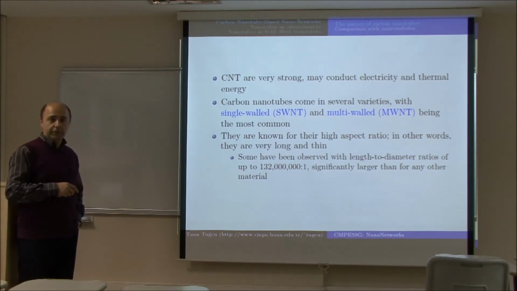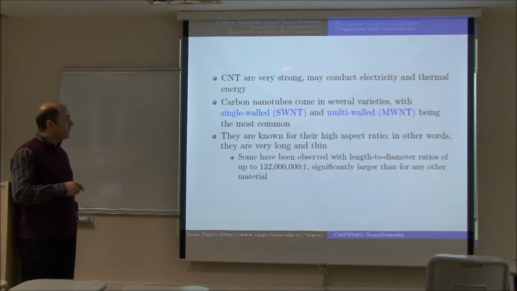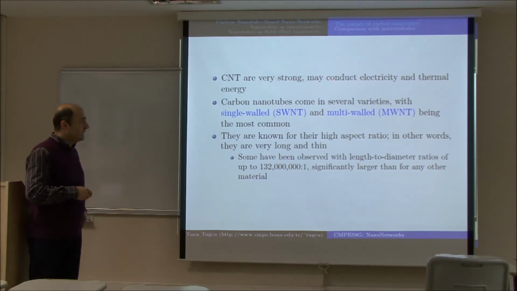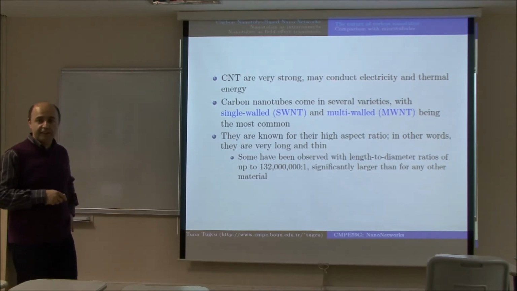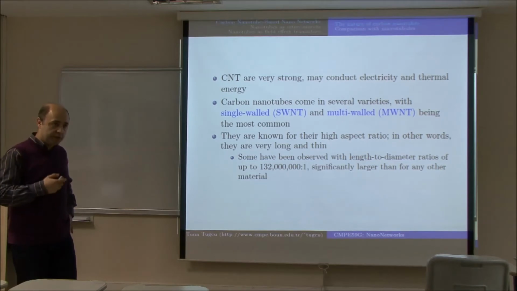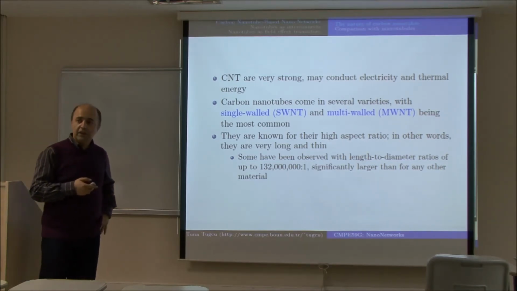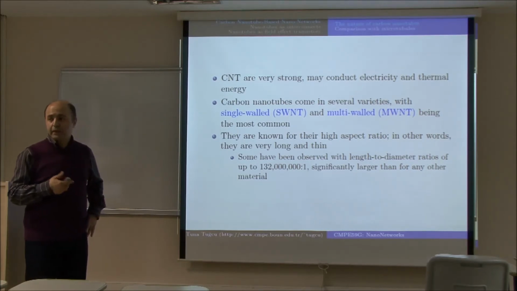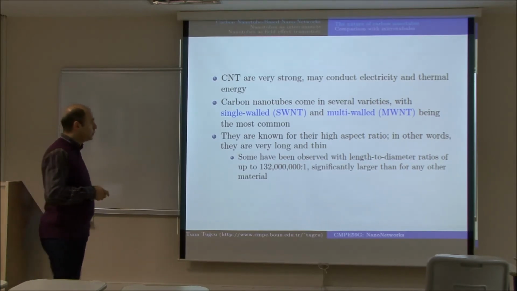One important property of the carbon nanotubes is that they're very strong. They're bendable, but they're very strong. Another one is they can conduct electricity, and this is adjustable. You have different conductivity for different ways of forming carbon nanotubes. You can have very good conductors, as well as semiconductors of carbon nanotubes.